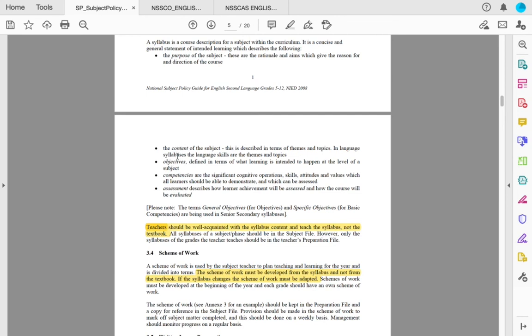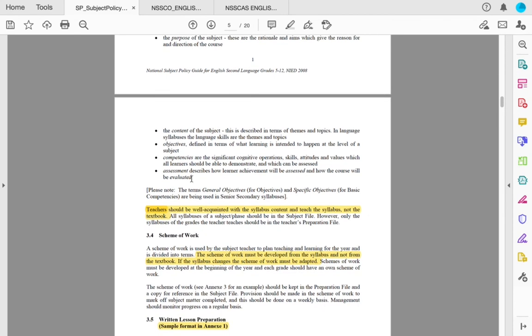The content is divided into skills, and the skills are divided into objectives and competencies. The objectives are defined in terms of what learning is intended to happen at the level of the subject, and competencies are the significant cognitive operations, skills, attitudes, and values which all learners should be able to demonstrate, and they'll be assessed in.